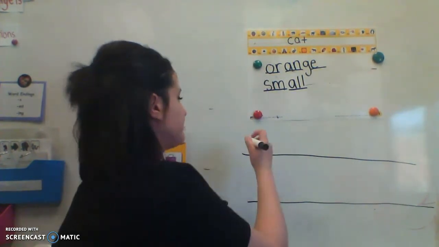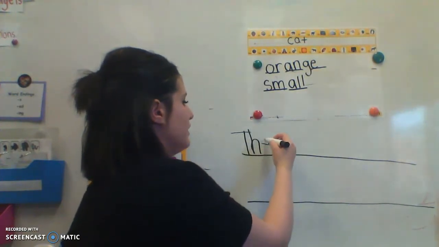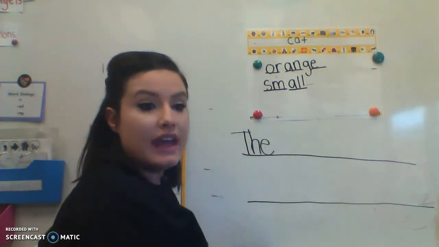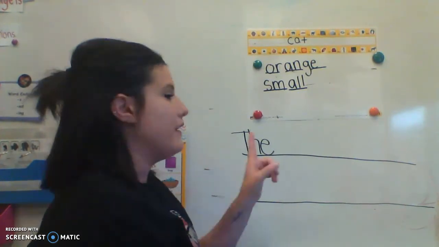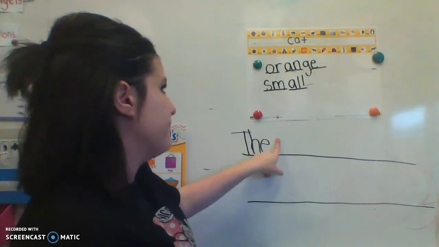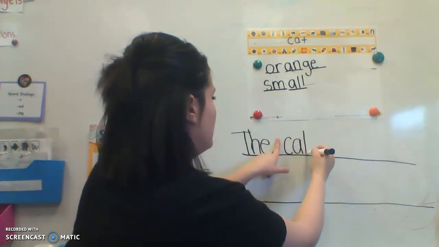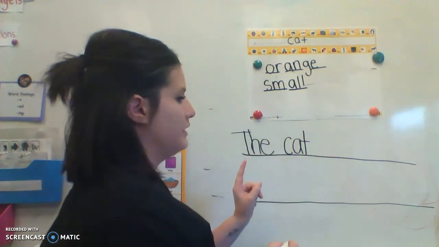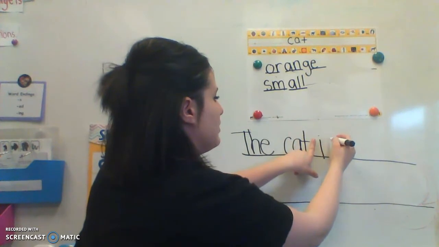The. Remember, we're going to capitalize the first letter of our sentence. And then we're going to do a space. And usually we use spacemen in the classroom, but today you're going to use your finger. The cat, space, is, you know that sight word.